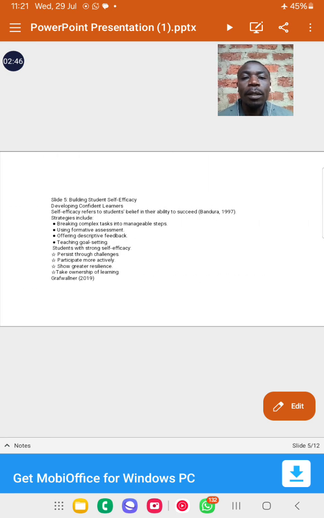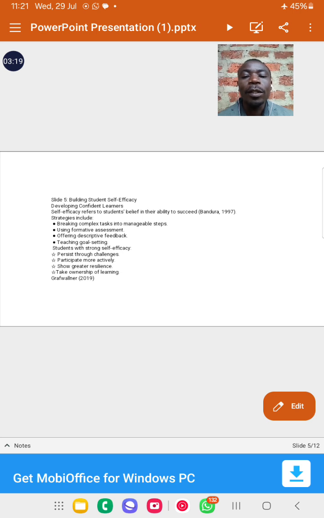In my next slide, I'm looking at building student self-efficacy, developing confidence among learners. Self-efficacy refers to students' belief in their ability that they can succeed. This is supported by Bandura, 1997. The strategies include: one, breaking complex tasks into manageable steps; using formative assessment; offering descriptive feedback; and teaching goal setting.